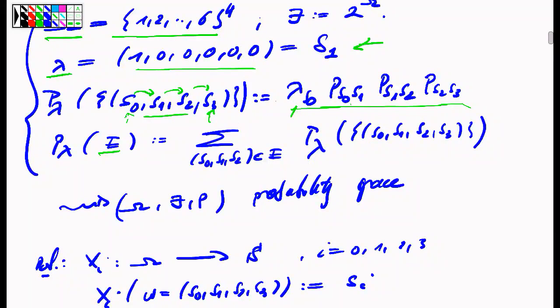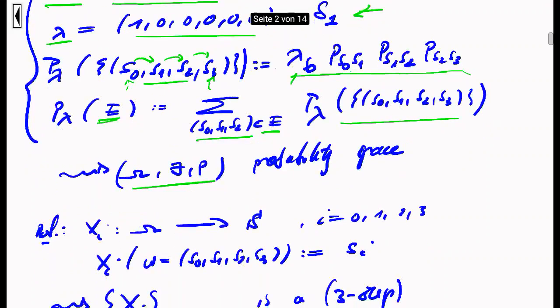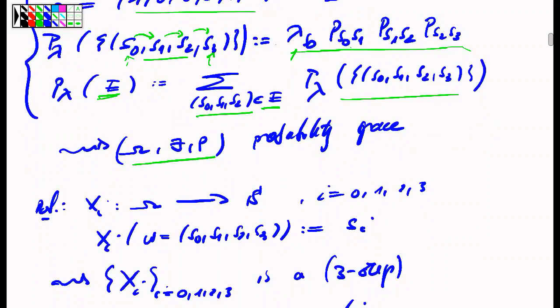And for a whole collection of possible sequences of states, so for a whole subset E of this path space, I define the probability just to be the sum of the individual probabilities of the paths which fit into this collection of paths E. So every set E of this path space is a collection of paths, and therefore the probability for this collection of paths is just the sum of the individual probabilities for those paths which appear in the set E. So in total we have set up a finite probability space, namely the probability space for finite length paths, where the length of the path is 3 or 4, depending on how you count the initial state.